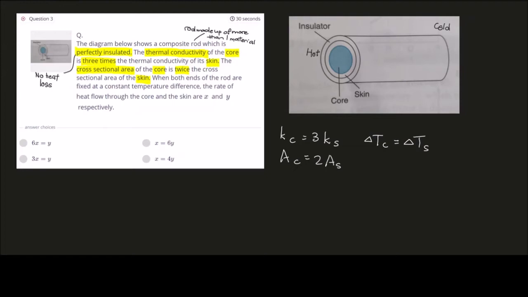Now, they say that the rate of heat flow through the core and the skin are X and Y respectively. So rate of heat flow, we usually represent it as dQ over dt.